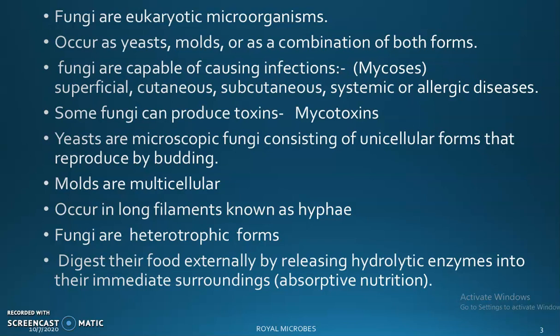We have already heard about this in the previous sessions. Then fungi are heterotrophic organisms, that is, they cannot make food. They digest the food materials outside their body, secreting hydrolytic enzymes into the surrounding medium so that they can digest the food particles and then absorb them. That is absorptive nutrition or saprophytic nutrition.